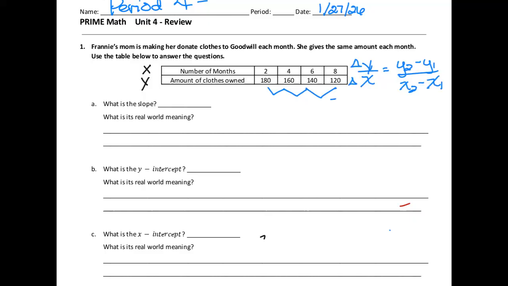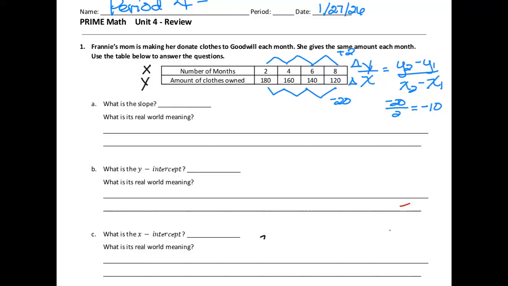Minus 20, a decrease of 20, right? What about from 2 to 4, and 4 to 6, and 6 to 8? Plus 2. So if I take negative 20, which is the difference of the y values, divided by 2, I get negative 10.